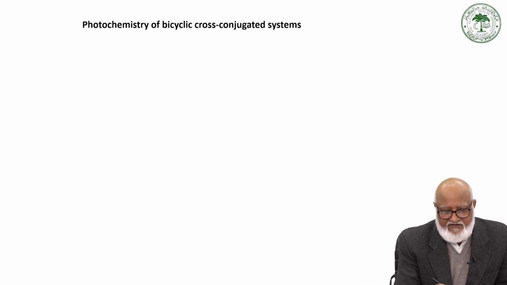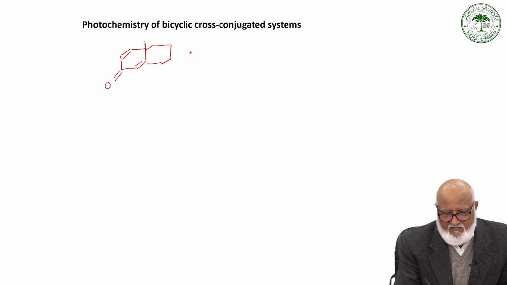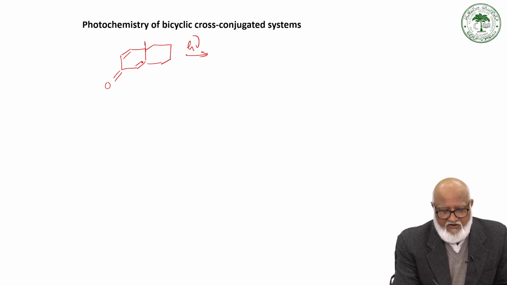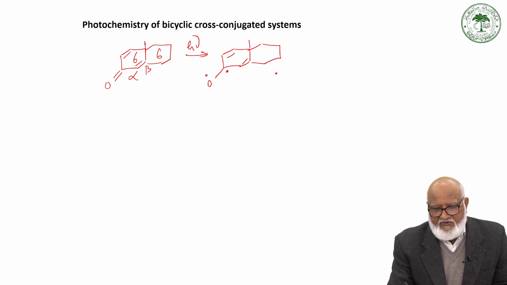So in the case of a bicyclic system, say for example, we have a system like this. This is a cross-conjugated alpha beta unsaturated ketone, a 6,6 bicyclic system, under photolysis. As usual, we expect, and we'll just look at the steps involved, a diradical species, and since this radical is in conjugation with the double bond, we expect delocalization.